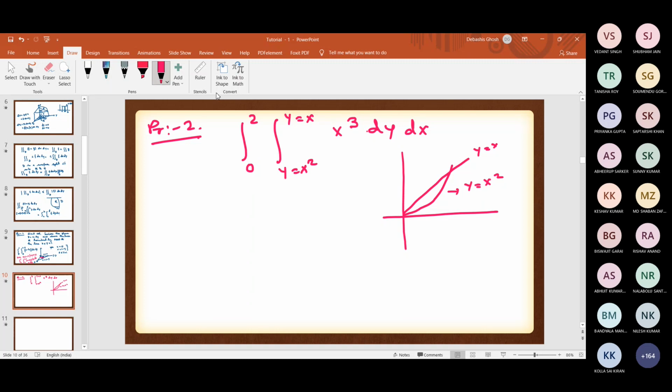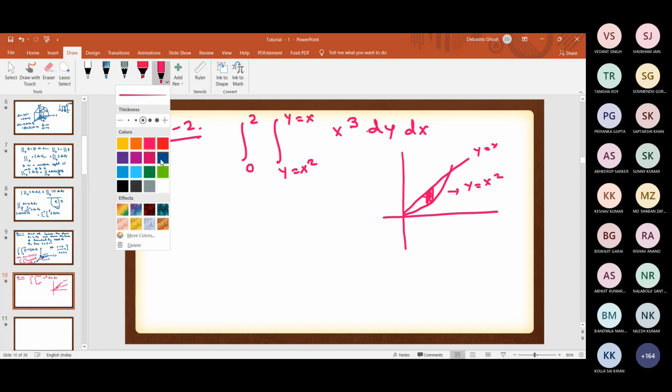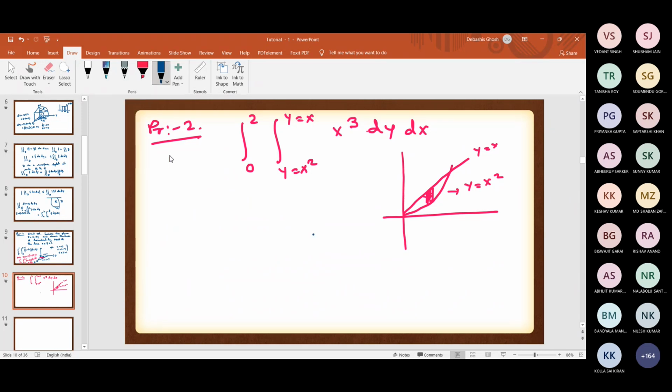So in this case we are taking y equals x square to y equals x, that is this stream. But we can also change it in terms of the x-axis. Initially you have this one, and now we want to make it change, so that we say this.